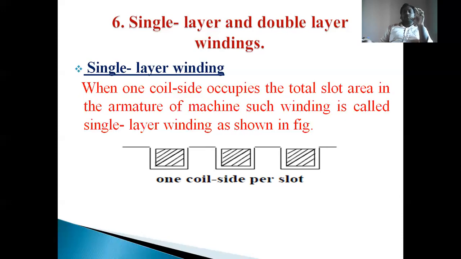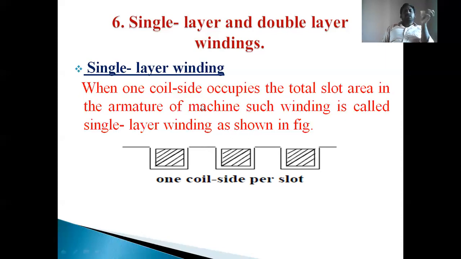That means the number of coils is 6 because each slot has only one coil side. That's why the number of coils in a single layer winding is equal to the number of slots divided by 2.